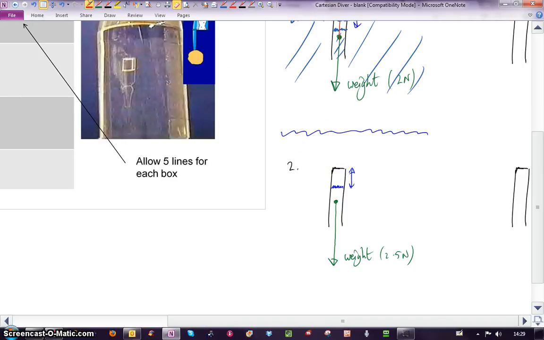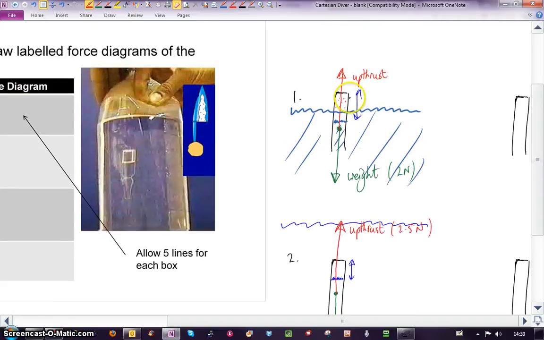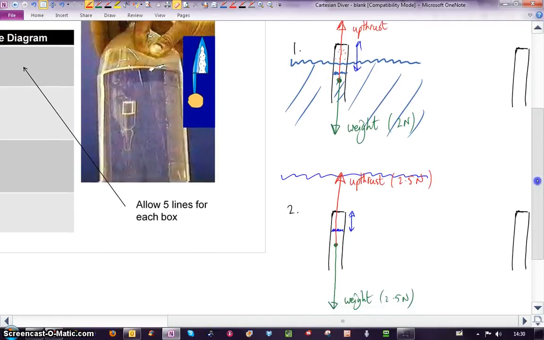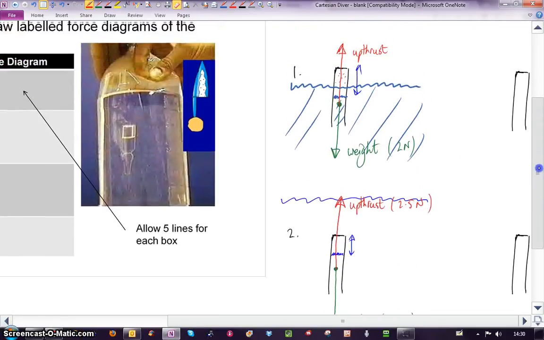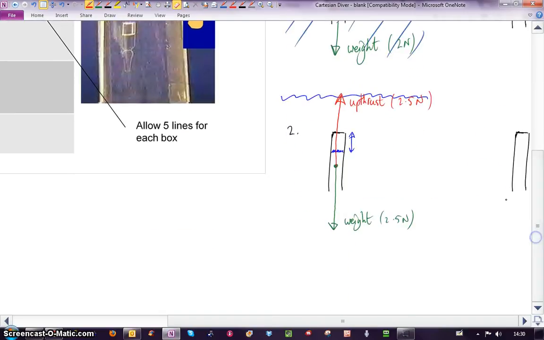So the upthrust, which I represented by red before, must also balance the weight, 2.5 newtons. Now the upthrust has increased because there is a greater proportion of the Cartesian diver underwater. The upthrust on any object is determined by the volume of the object that is underwater. So in this particular situation it was 2 newtons and now 2.5 newtons.